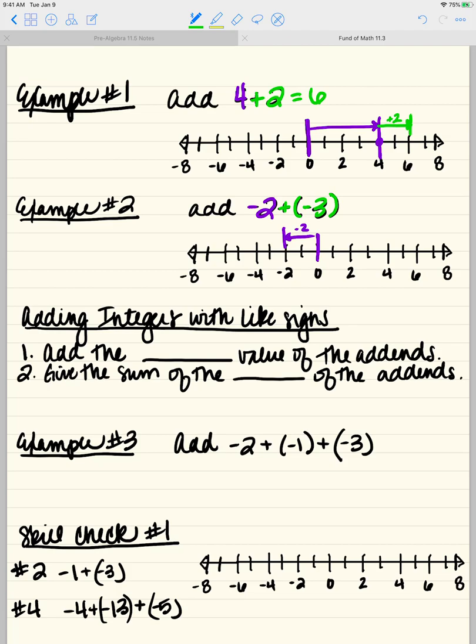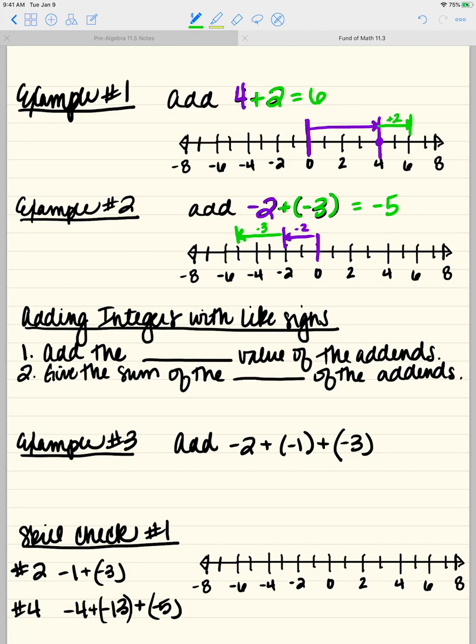So I'm going to keep going in the same direction. 1 unit, 2 units, 3 units. There's my adding negative 3, moving in the same direction. And where did I stop? I stopped at negative 5. Negative 2 plus negative 3 is negative 5.